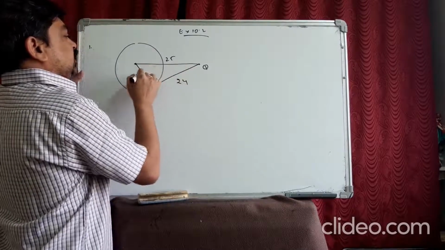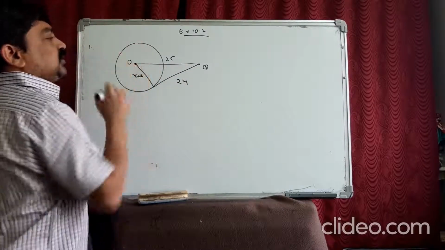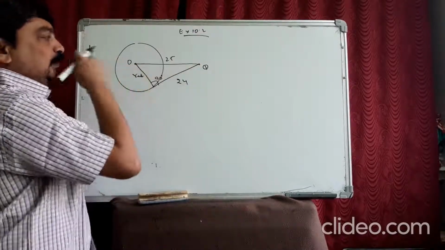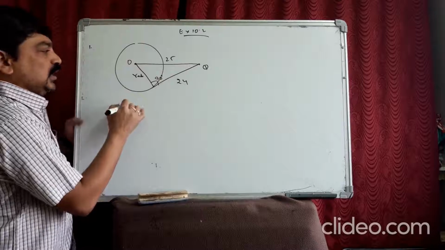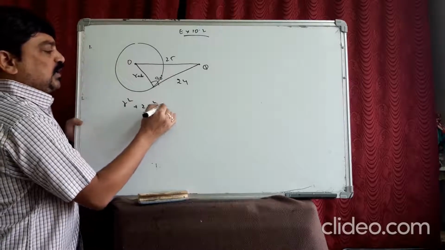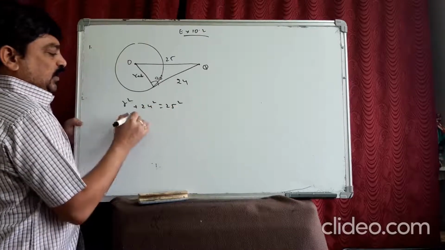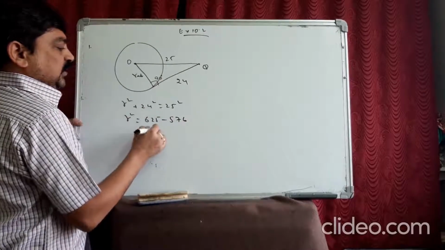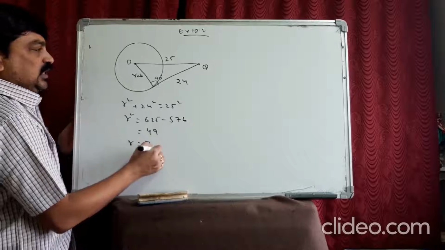What is the radius? You have to find this. Always this is 90, and this is the hypotenuse. Let's apply Pythagoras. R square plus 24 square is 25 square. R square equals 625 minus 576. It is 49. R is equal to 7.